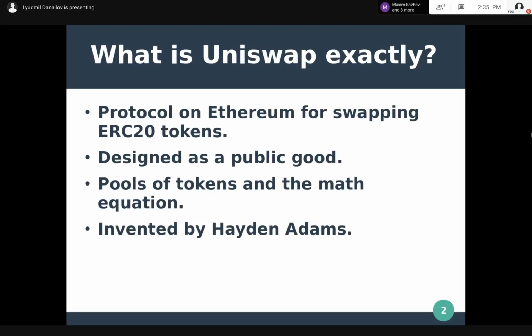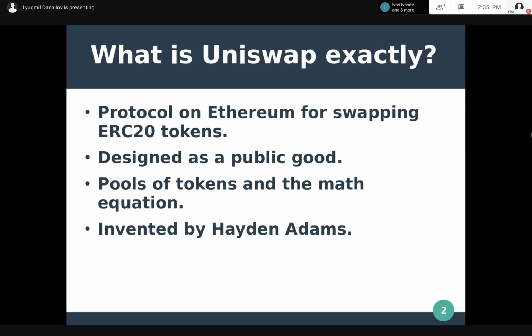Any token can be added to Uniswap by funding it with an equivalent value of ETH and the ERC20 token being traded. For example, if you wanted to make an exchange for an altcoin called Token A, you would launch a new Uniswap smart contract for Token A and create a liquidity pool with, for example, $10 worth of Token A and $10 worth of Ethereum.